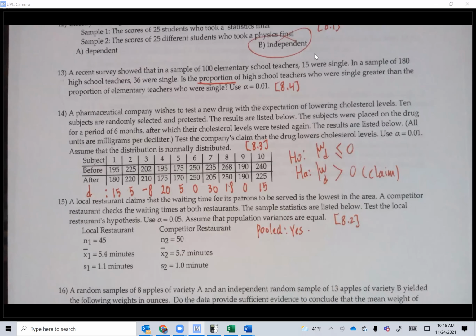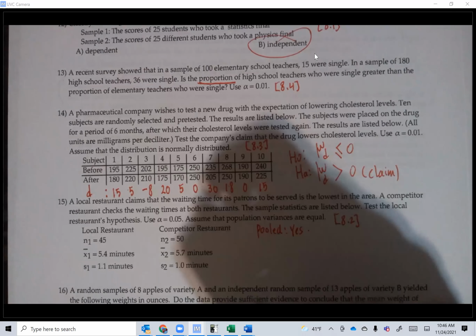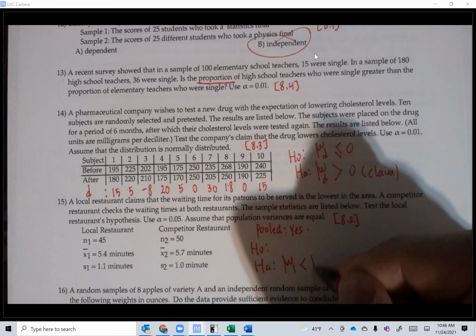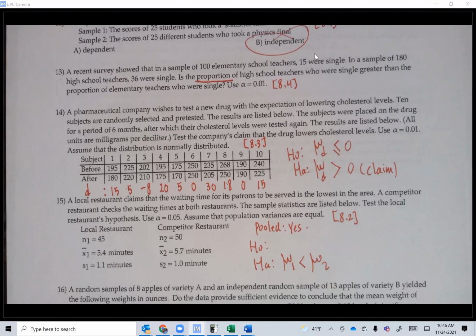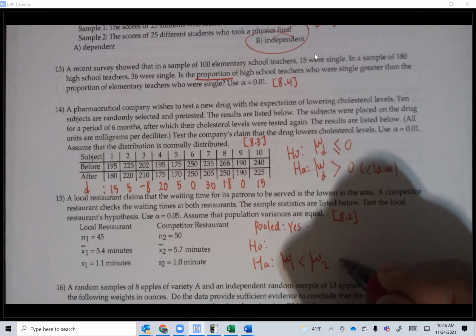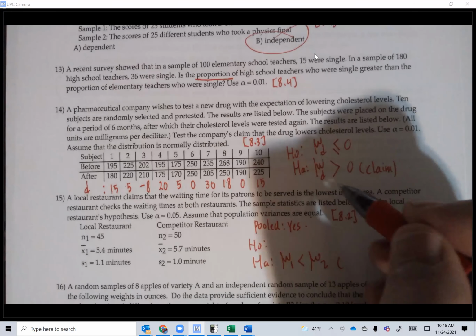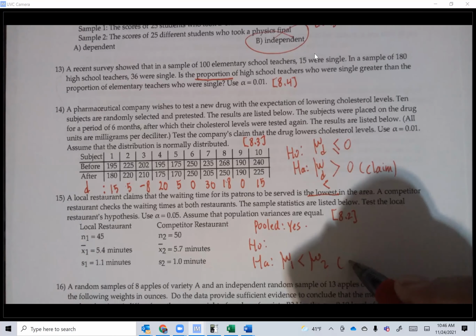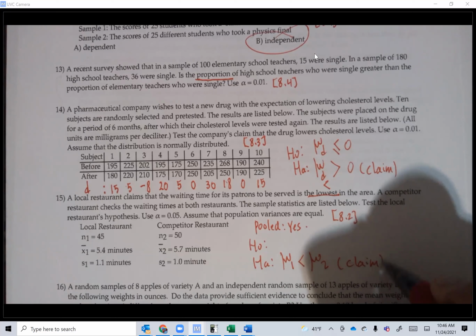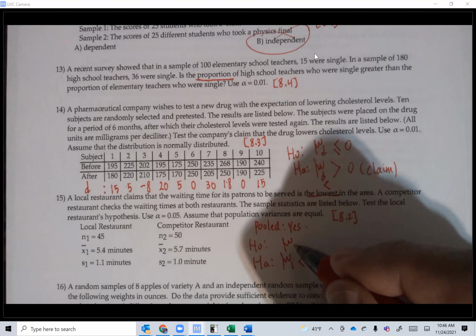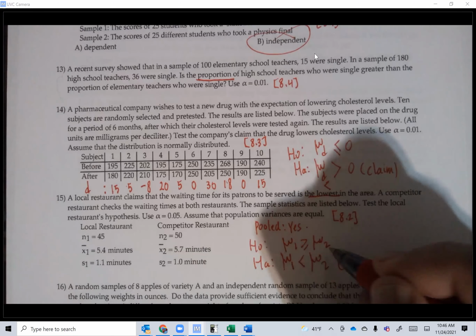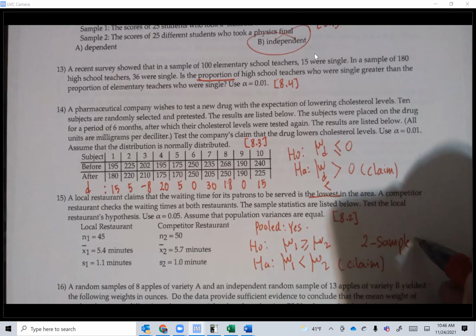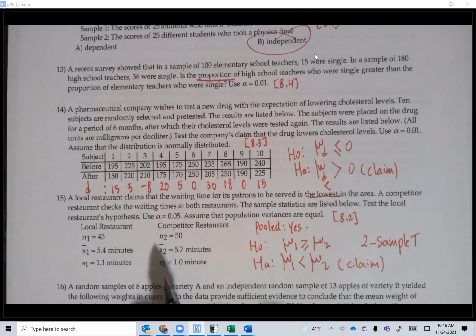Okay, so this is what we're testing, guys. The restaurant is saying that their mean is less than anybody else. Mu1 is less than mu2, lowest. That means less than. So that's the claim. And you know the null hypothesis will be greater than or equal to. This is a 2-sample t-test. Why not a z-test? Because he didn't give me sigma 1 and sigma 2.